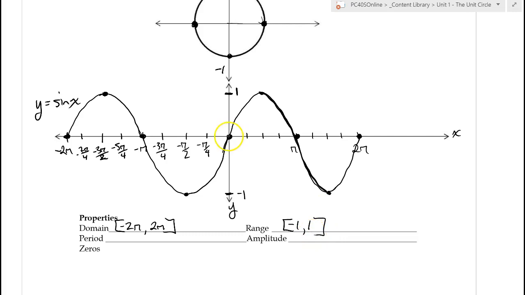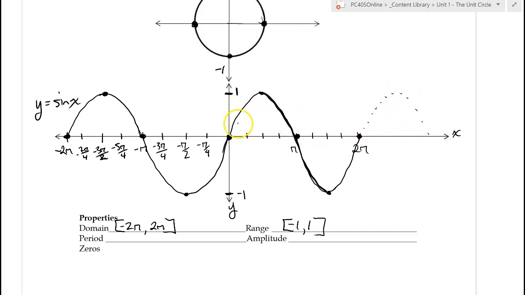The period, I always like to start at the bottom of a curve for sine because it starts at 0. So I look to see, okay, well, when do I end up back in a position where I'm not only hitting 0 again, but I'm going to be going upward again. So if I imagine my curve continuing here, it would look something like that. And so you'll see that it starts to repeat itself.